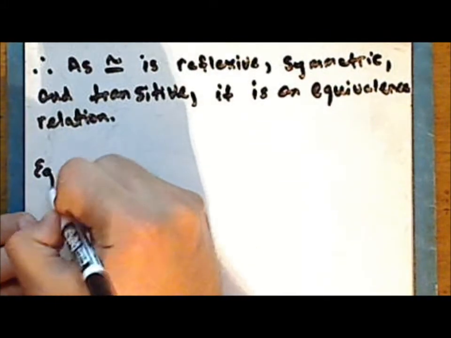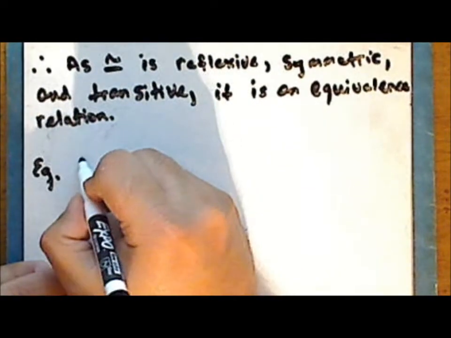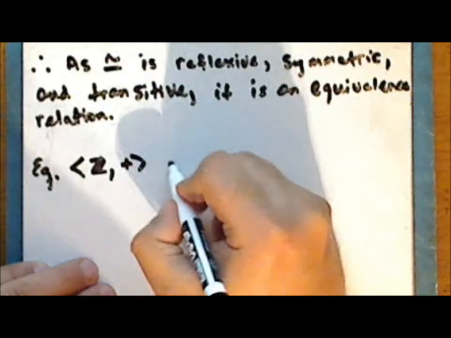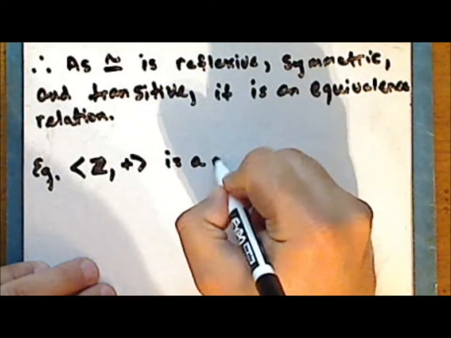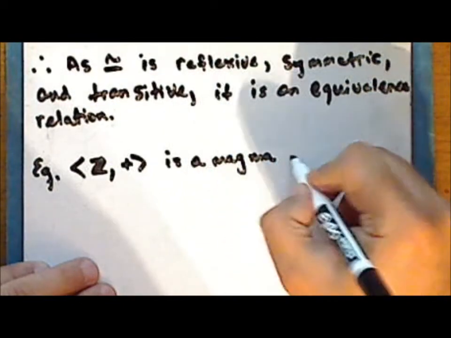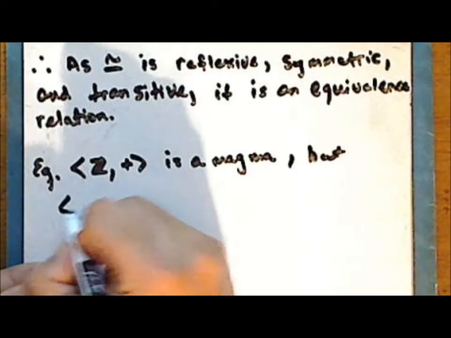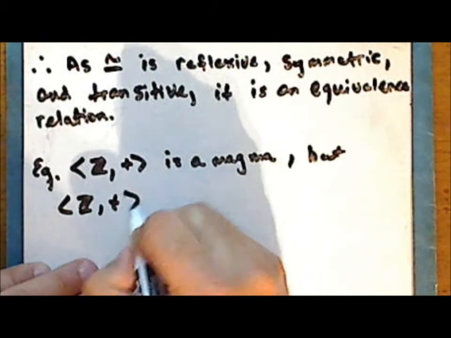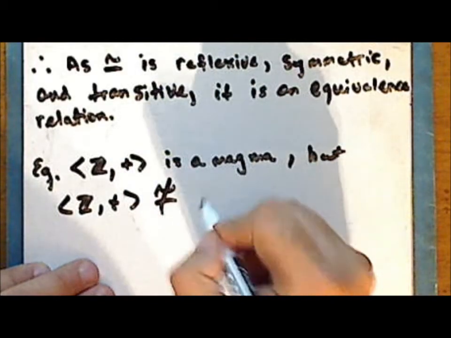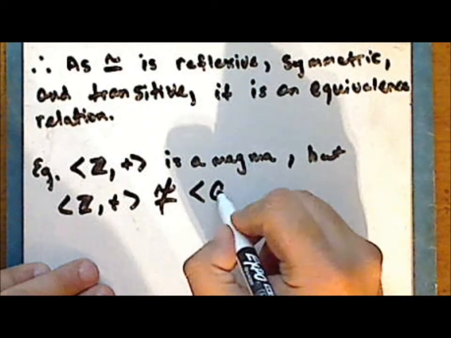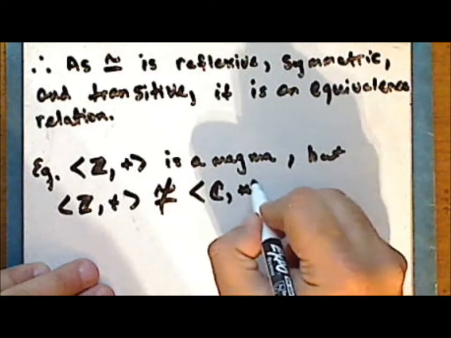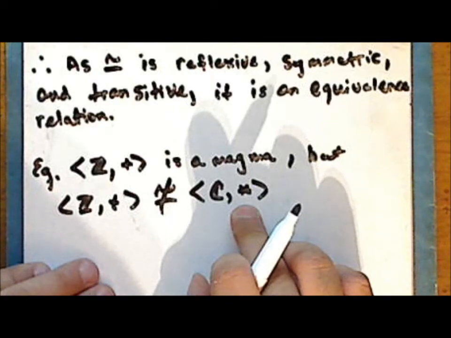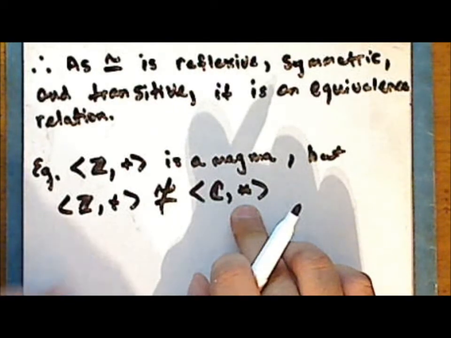So, first example, the set of integers together with addition is a magma, but the structure is not isomorphic to the structure we looked at in the first example with the complex numbers and the operation star, where the operation star is the multiple of a complex number and the conjugate of the second.